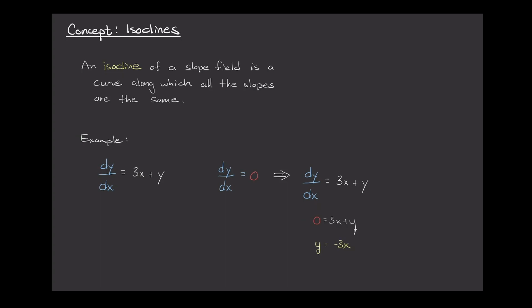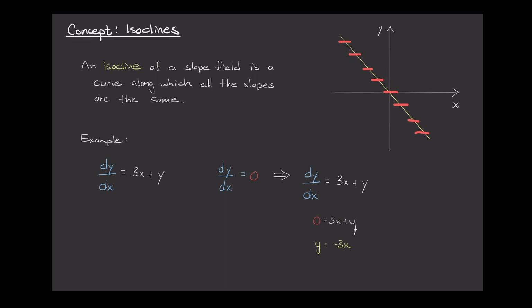Now if we graph this isocline, y equals negative 3x, in the xy plane, we have this line here. Notice this isocline, which we've highlighted yellow, is only there to tell us that everywhere along that line we have a 0 slope. So let us graph 0 slopes along that line, like so.